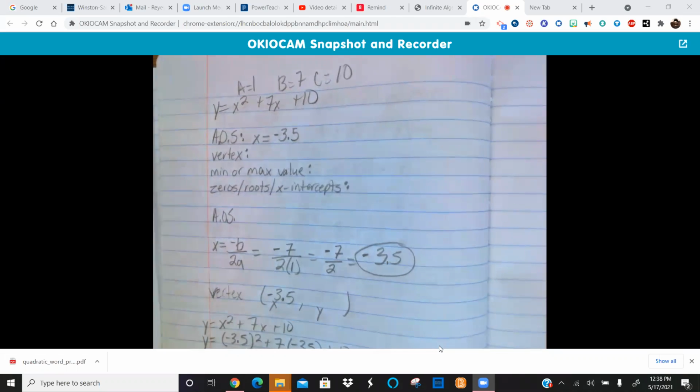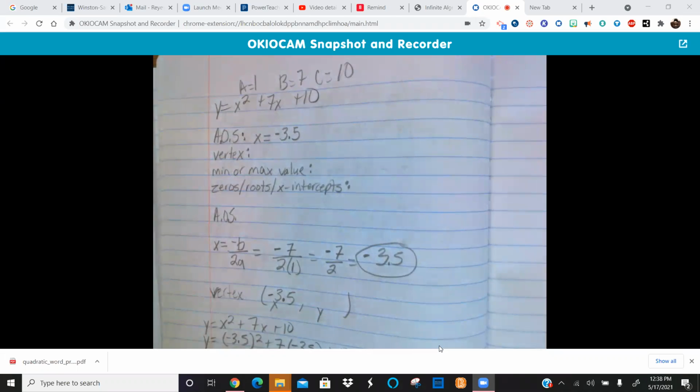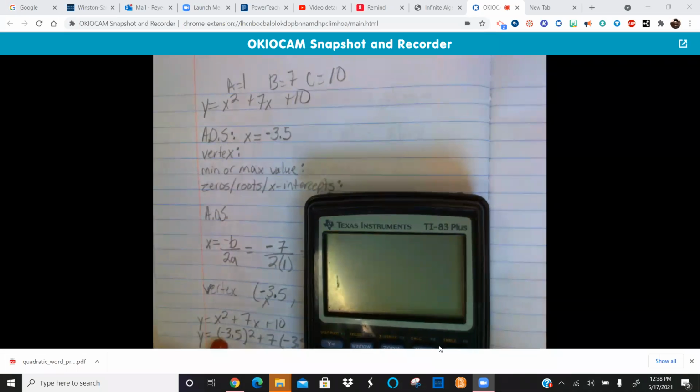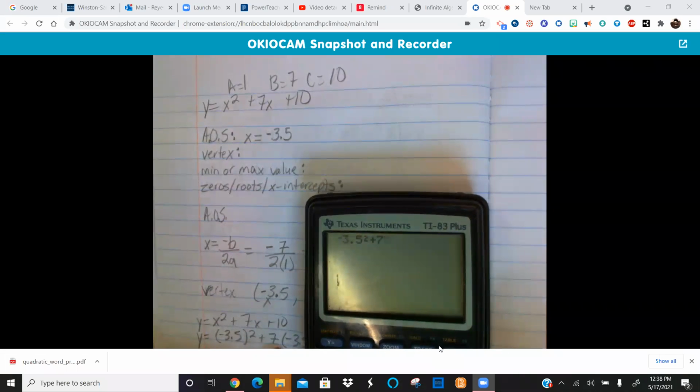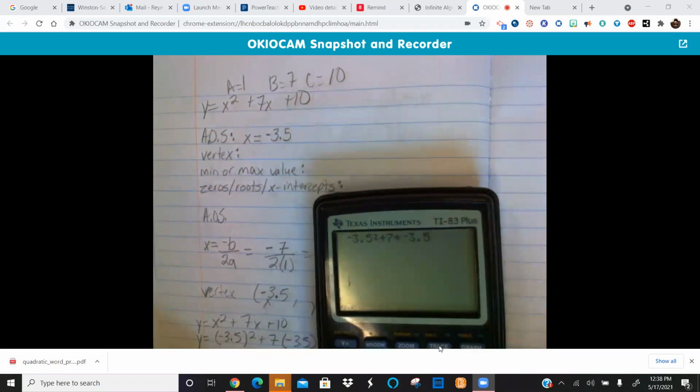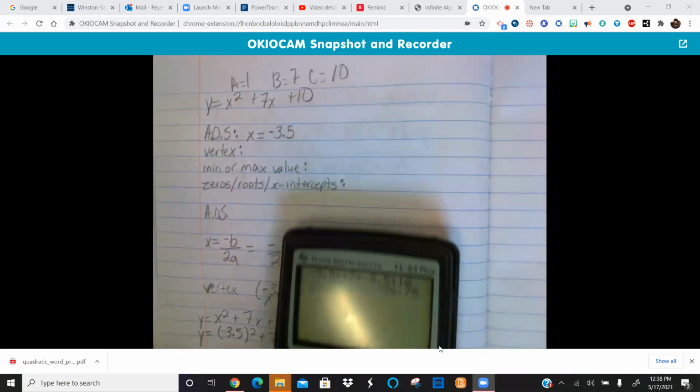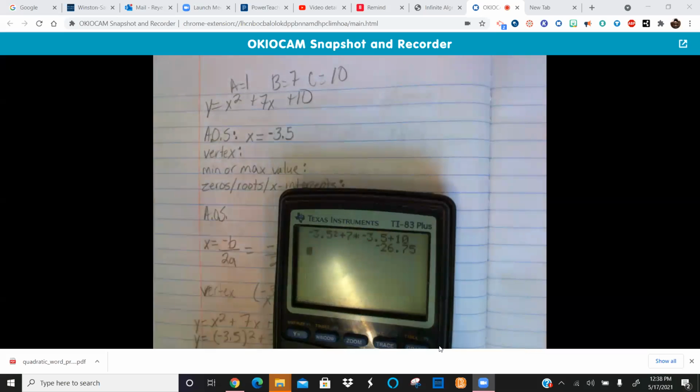So we can type this into our calculator. So we got negative 3.5 squared plus 7 times negative 3.5, then we got plus 10, okay? And this is going to give us negative 26.75.